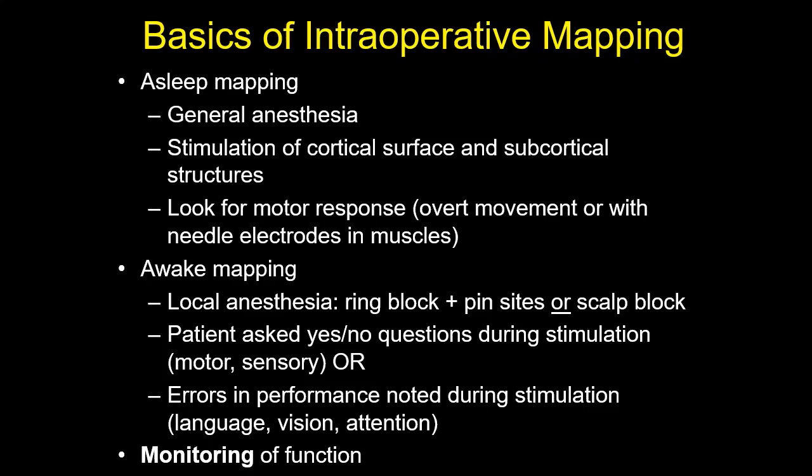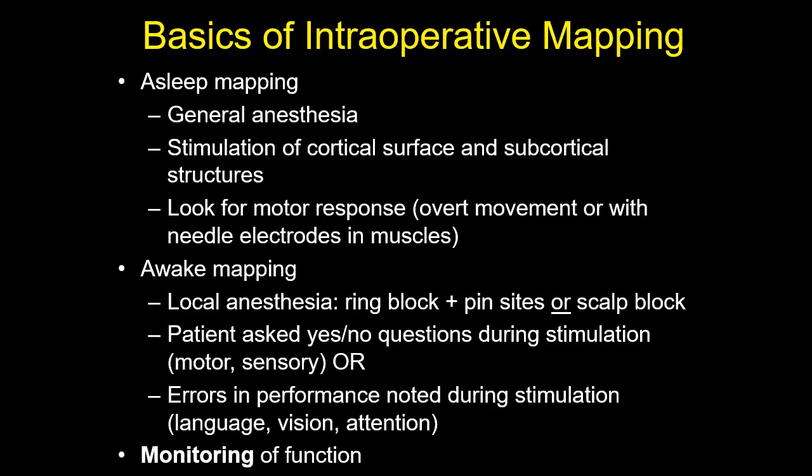So how is intraoperative mapping actually performed? For the asleep mapping scenario, the patient is placed under general anesthesia, and we stimulate the cortical surface and subcortical structures. And what we're looking for here is a motor response, either an overt movement or a motor evoked potential. In the awake mapping scenario, local anesthesia is applied either via ring block plus pin site injections or a full scalp block.